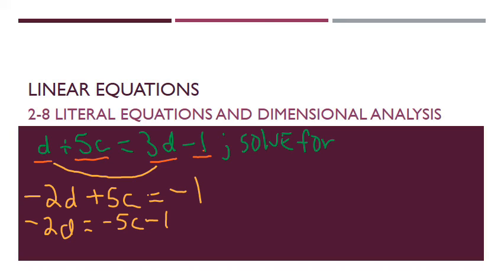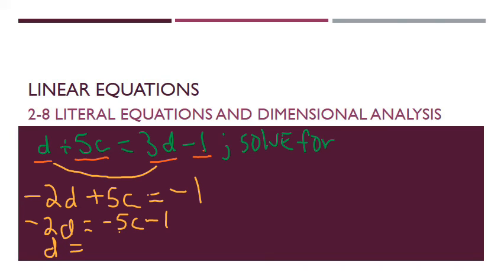And now I can divide to completely isolate my variable D. I can divide both sides of the equation by minus 2. And once I do, I'm going to end up here with D, dividing minus 5C minus 1 by minus 2.